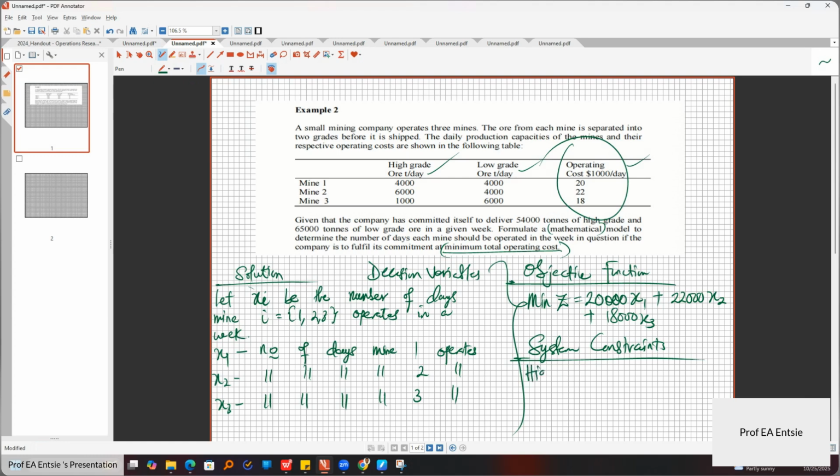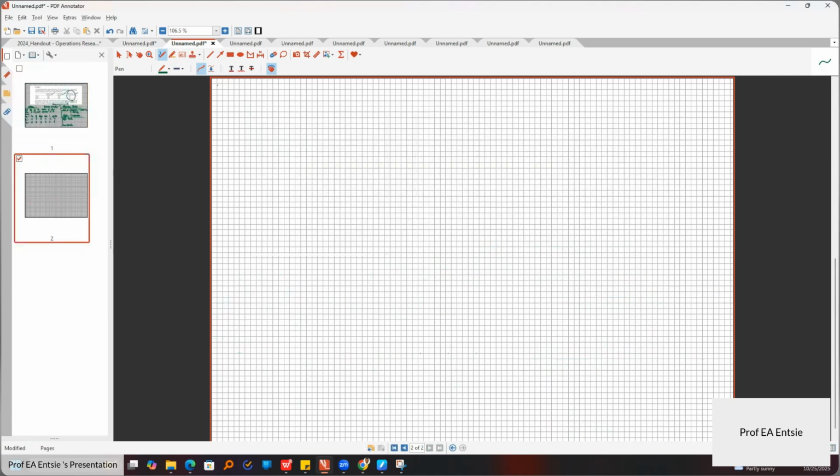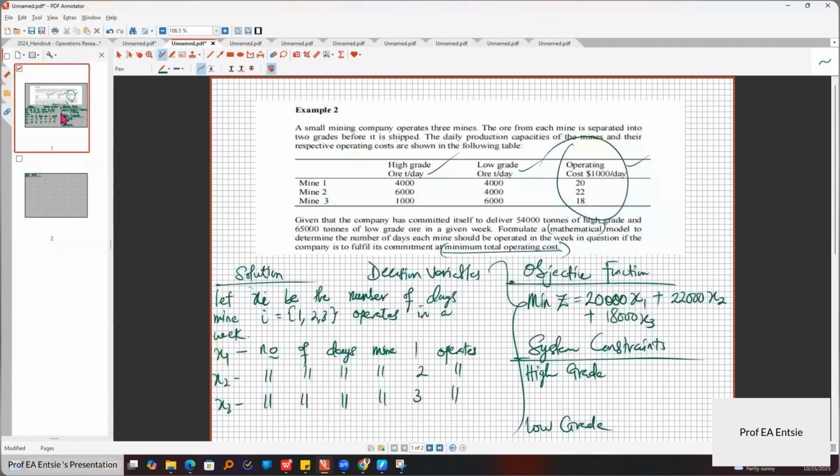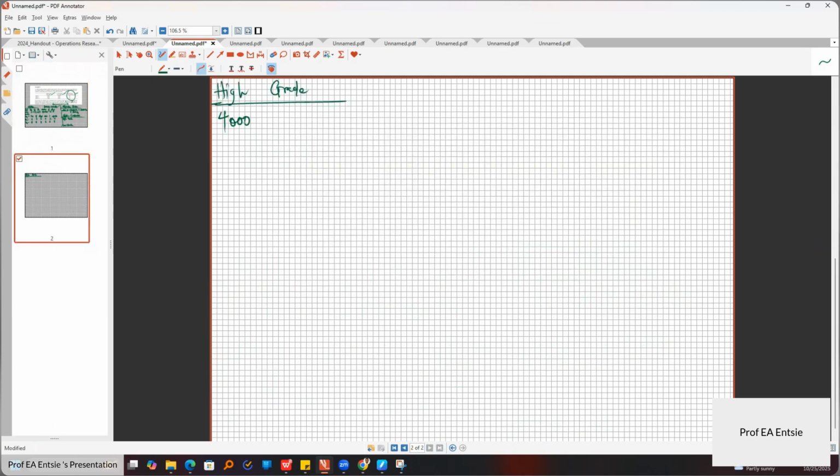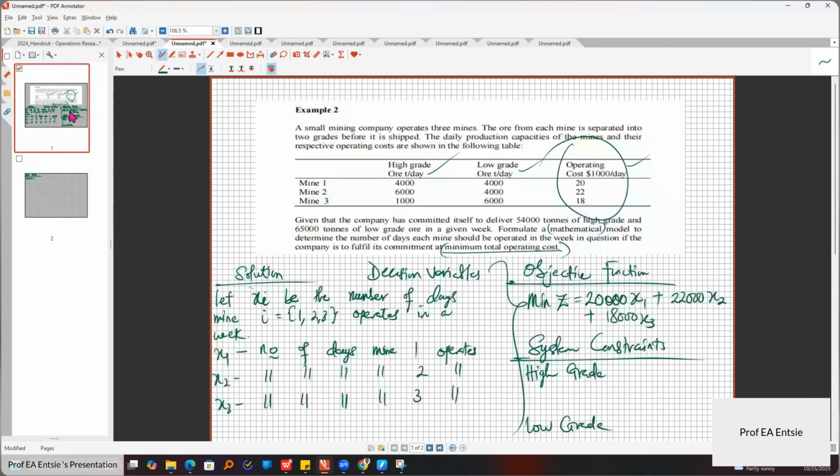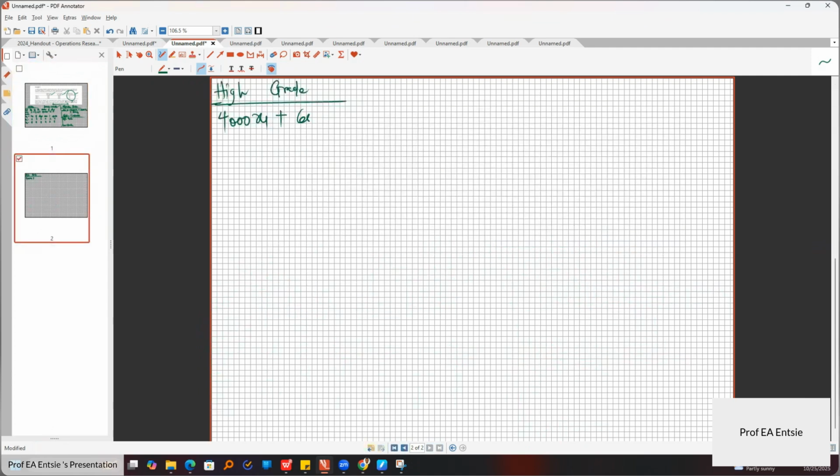So we have two constraints here: the high grade and the low grade. For high grade, mine one can produce 4,000 within a day, so 4,000 times the number of days it works in a week, plus 1,000 times the number of days mine two operates within a week, plus 1,000 times the number of days mine three operates within a week.